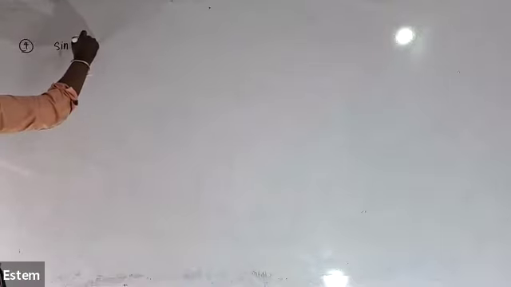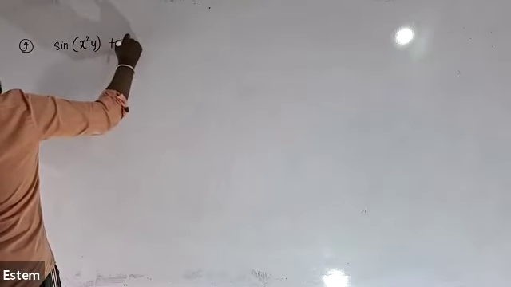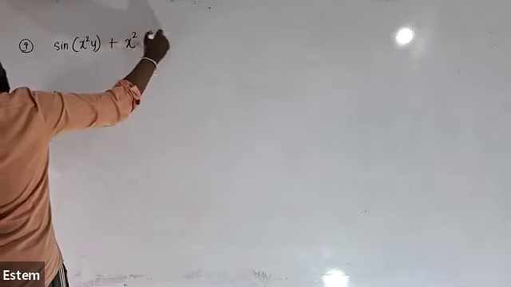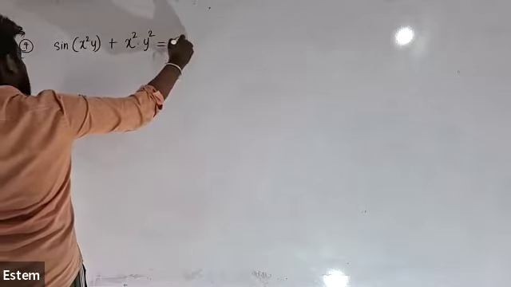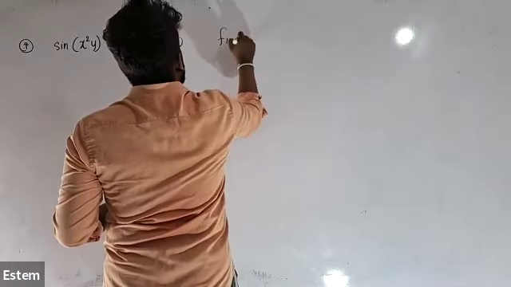Fourth example: sine of x squared y plus x squared y squared equals 0. Differentiate and find dy over dx.